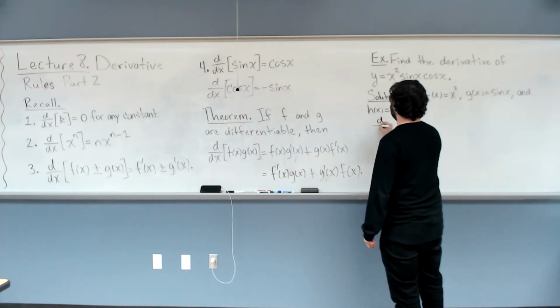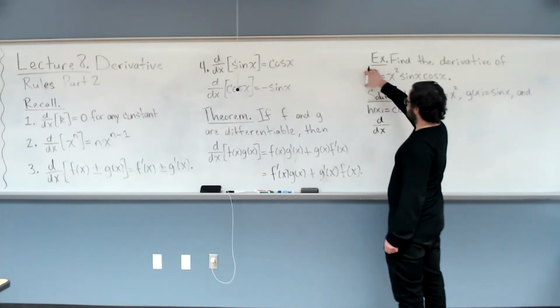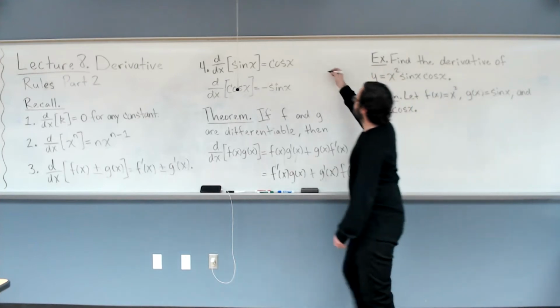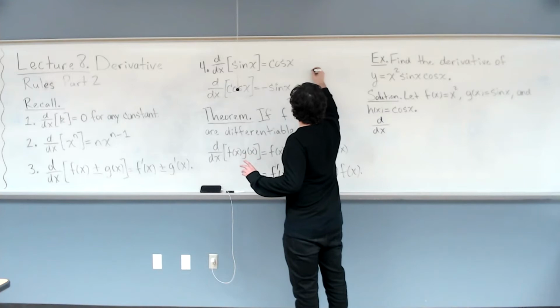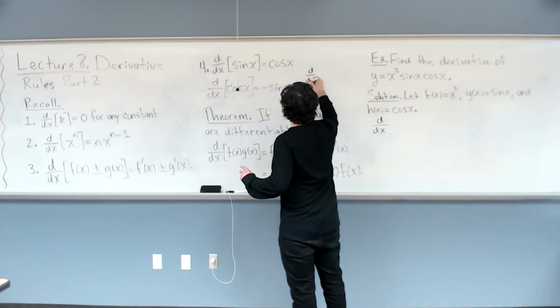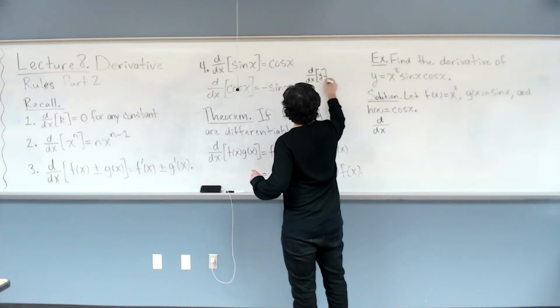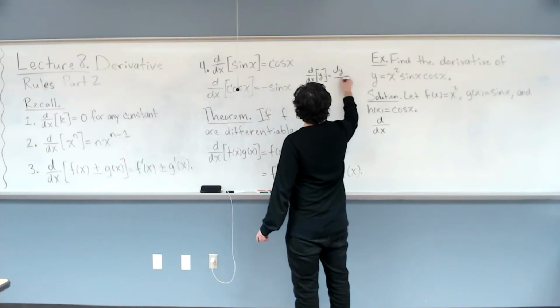So derivative with respect to x. I'm going to take the derivative on both sides of this thing. When I take the derivative of y, I'm just going to write this out for notation. If I take the derivative with respect to x of y, we write that as dy dx.